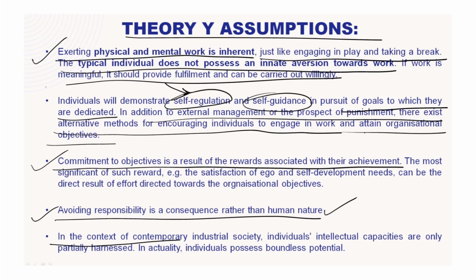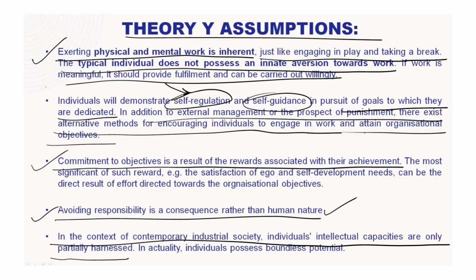In the context of contemporary industrial society, intellectual capacities are only partially harnessed. So, it talks about the individual capacity being boundless, with no limit, and it is up to the management how they are using the human capacity.